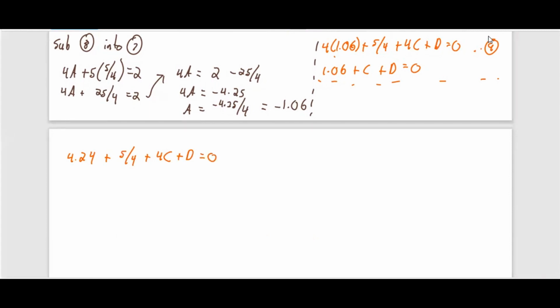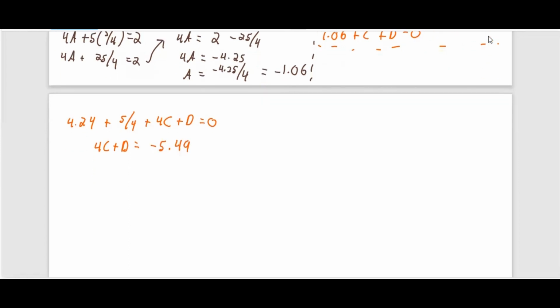So you can simplify that one time. So that'll be 4.24 plus 5 on 4, and you get 5. So that's carried across one time. So before C plus D, now that's equal to minus 4.49. All right, so that's one.